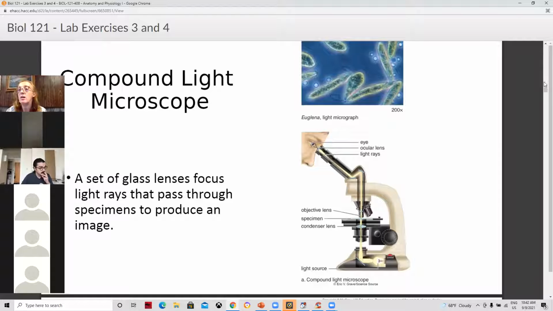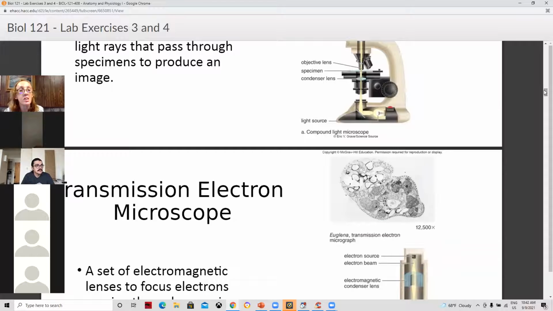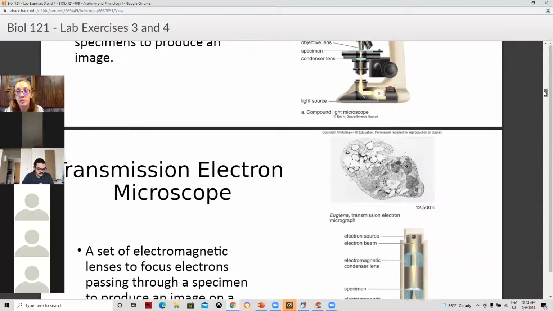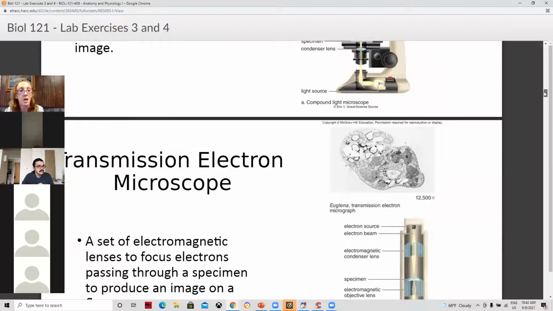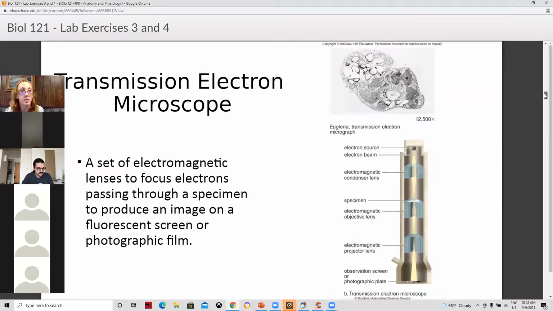So with that in mind, a transmission electron microscope, instead of using light waves, and in lab lecture on Monday, we'll spend a lot of time talking about electrons. You're going to learn more about electrons than you ever wanted to know. Electrons move in wavelengths. They move in streams of wavelengths.